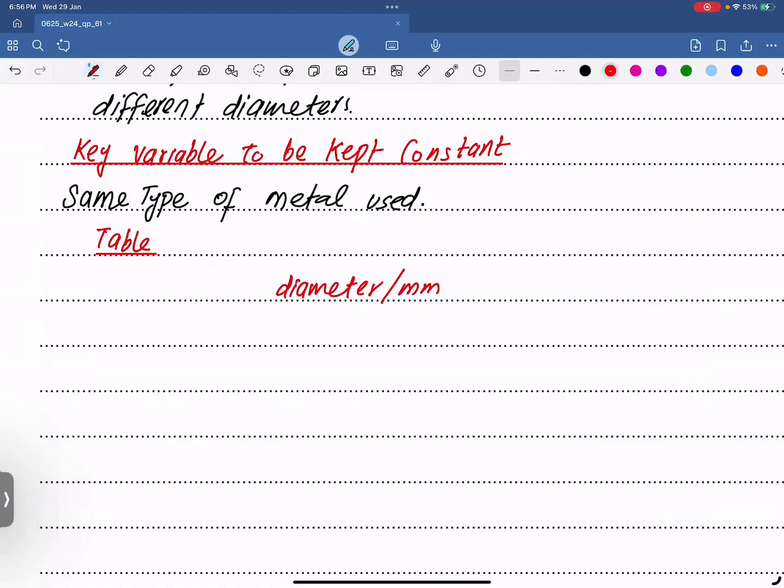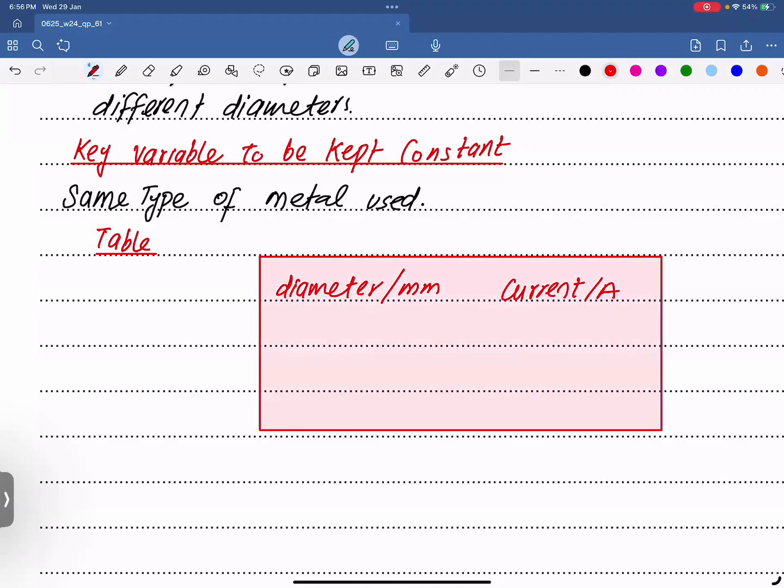Diameter is not that thick, because we use the micrometer screw gauge. And the current to melt the wire A. This table has to be completely empty. We don't fill. Don't even try to fill the values of diameters, even if you know. It has to be empty.